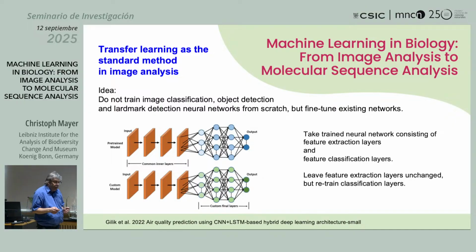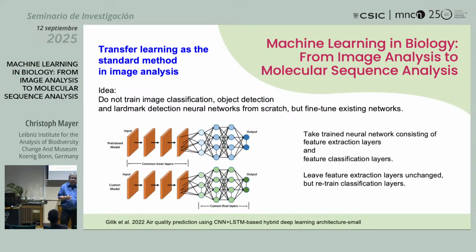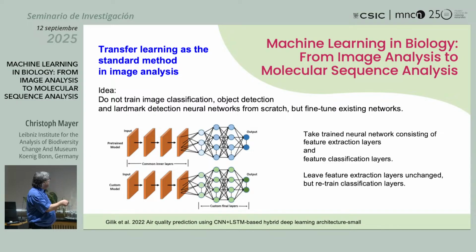That's very interesting. If you had someone who is an expert on some species, we could maybe make a copy of his brain, of that part, and use it somewhere else. That's what we are doing here. We take that part of the brain, copy it here, and do the classification separately. This is what is called transfer learning.